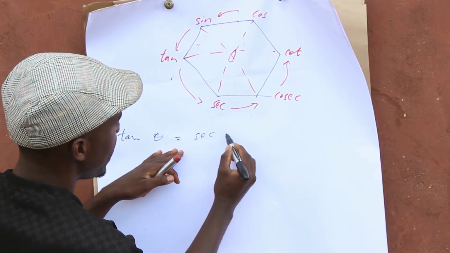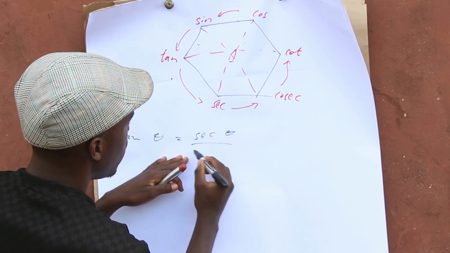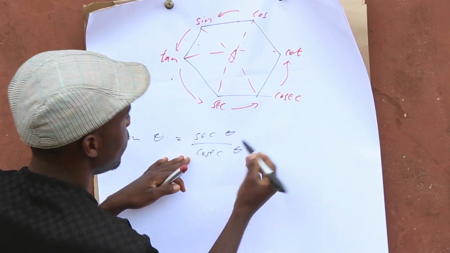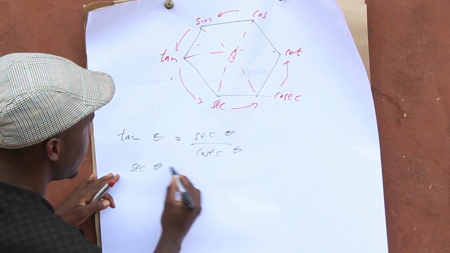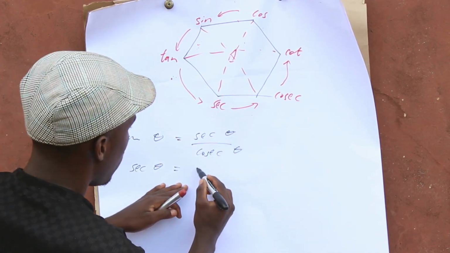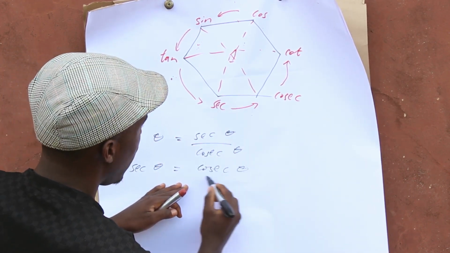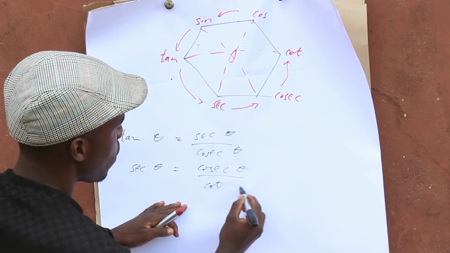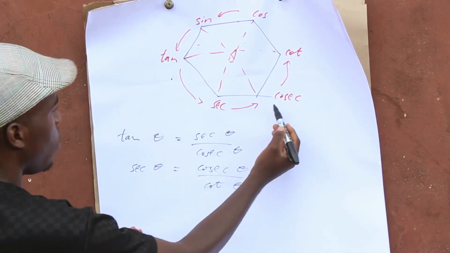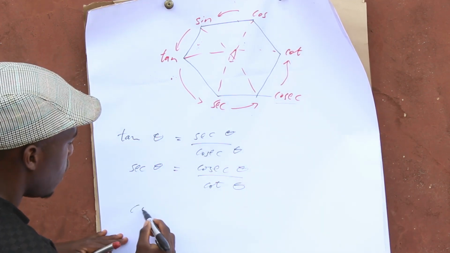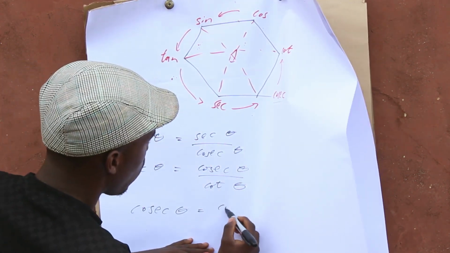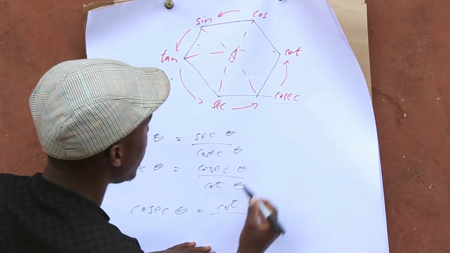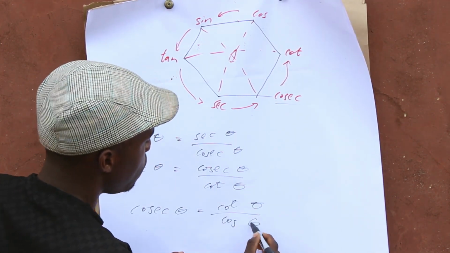It is sec theta over cosec theta. After that, you can also derive for sec theta is equal to cosec theta over cot theta. After that, you can derive for cosec theta is equal to cot theta over cos theta.